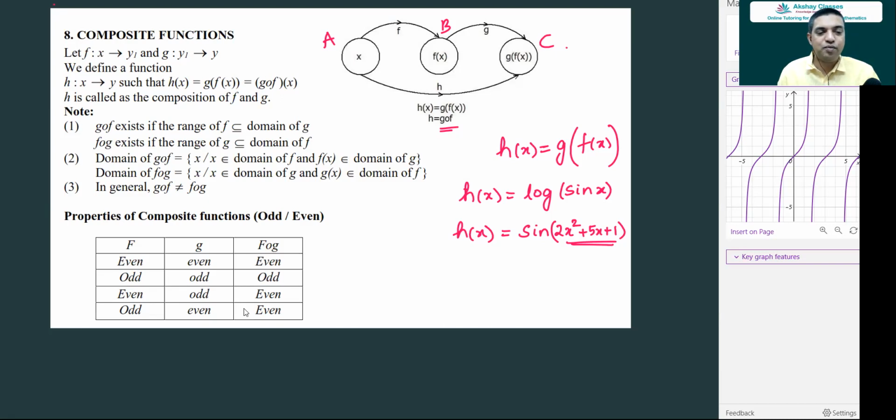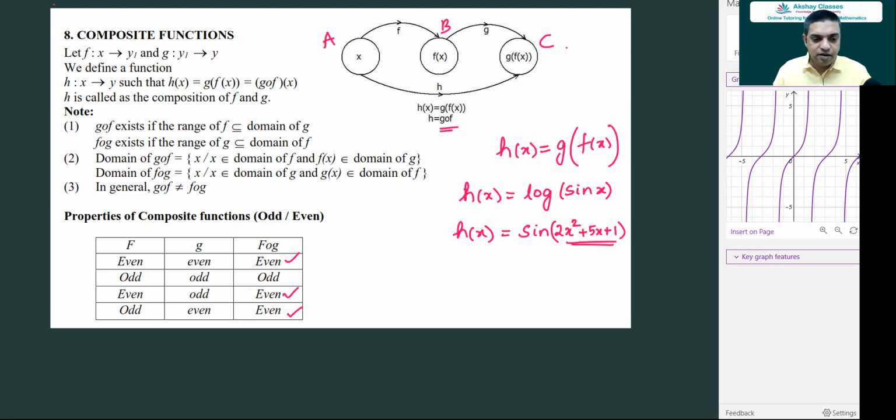But if one is odd and one is even, the composite will be even. That means 3 of the 4 cases is even. That means either the inner function or outer function, if it is even, the function will be even. Okay, so that's the idea.